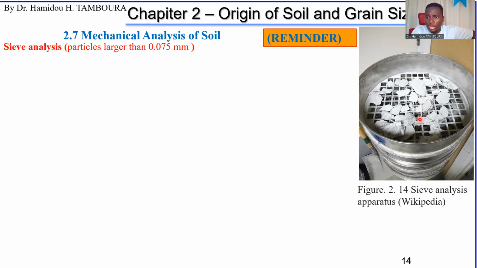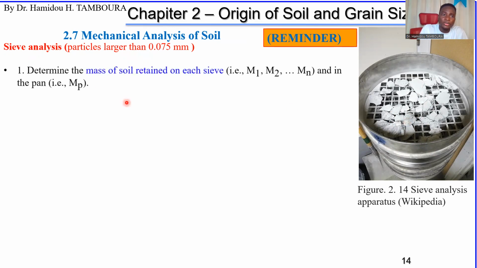So after shaking your soil sample, you will obtain on each sieve a certain amount of soil, which has a certain weight, mass. So after weighing, we obtain the mass retained on each sieve. This is a reminder. We have talked about this in the previous video.